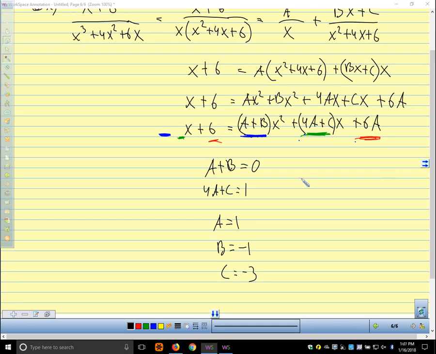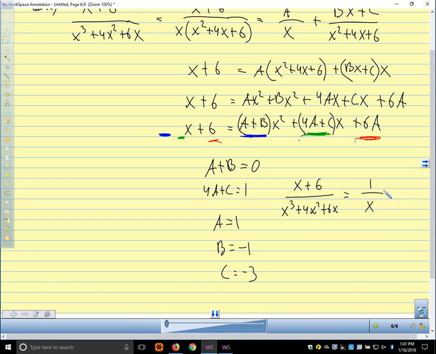And so I get that x plus 6 over x cubed plus 4x squared plus 6x equals 1 over x plus -x minus 3 over x squared plus 4x plus 6.